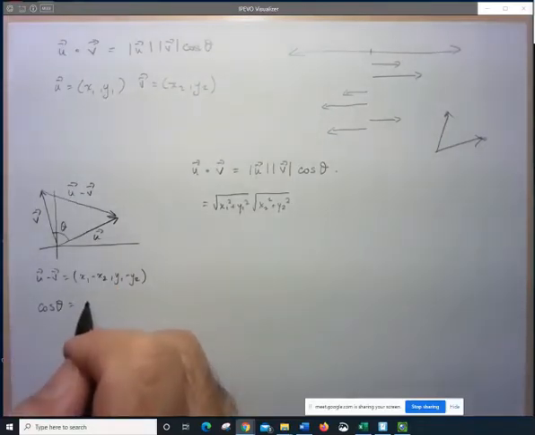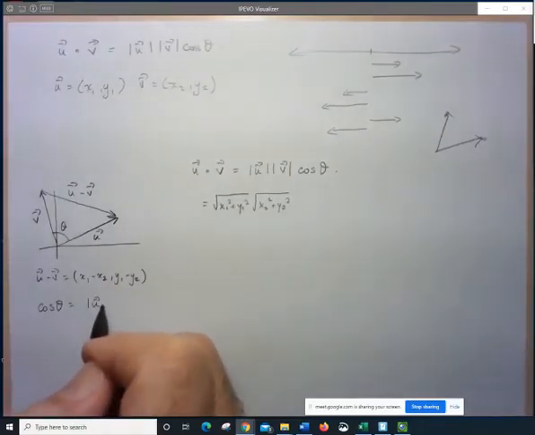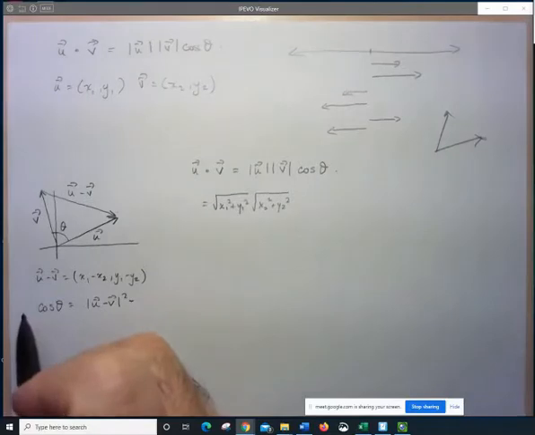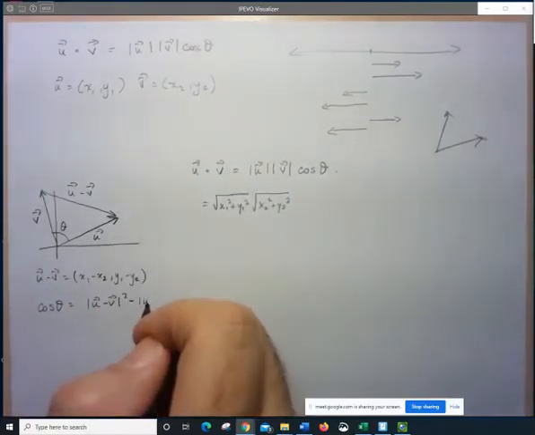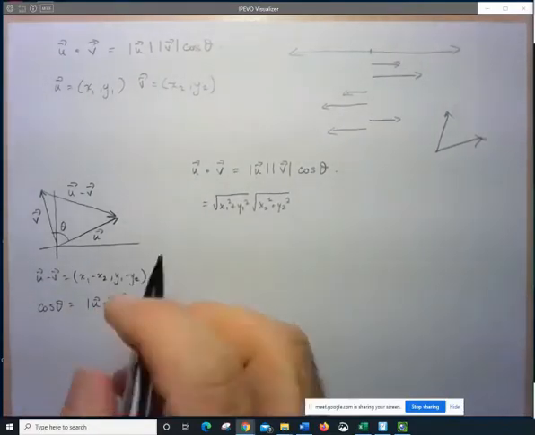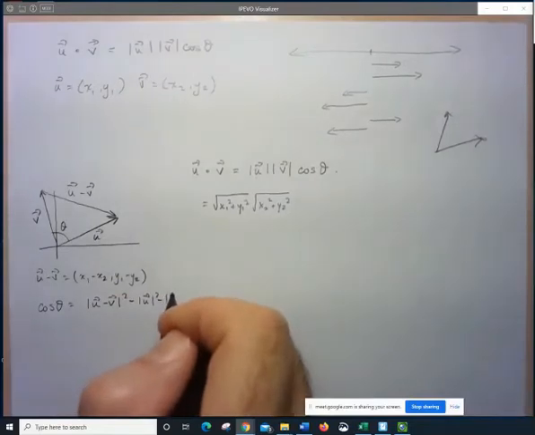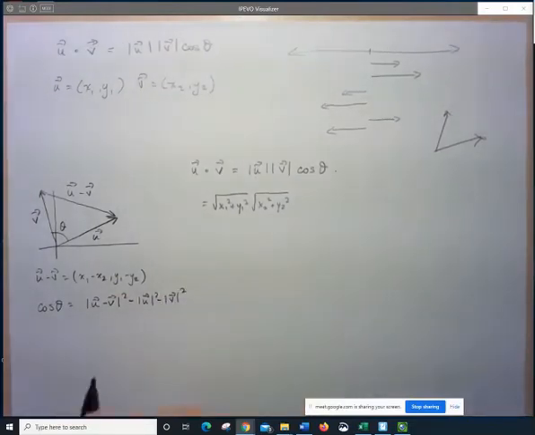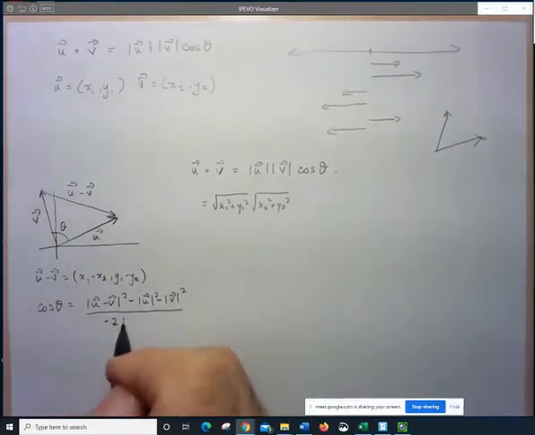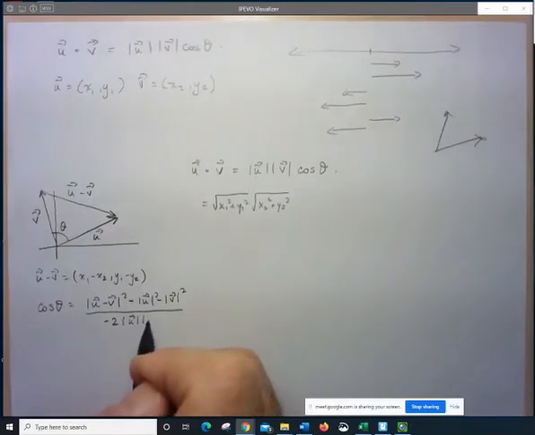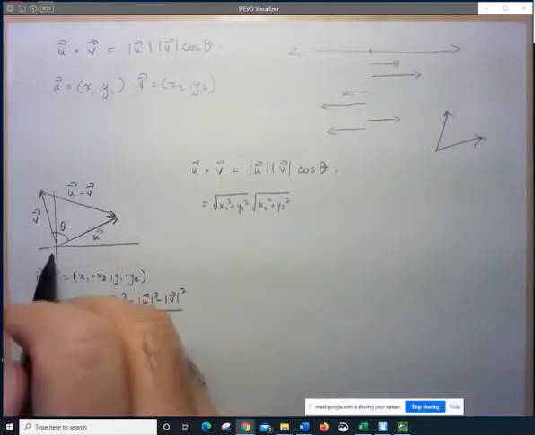So it's just going to be the magnitude of u minus v squared, minus the squares of the other two sides, so minus the magnitude of u squared minus the magnitude of v squared. No problem there. All over -2 times the magnitude of u times the magnitude of v, the side lengths of the other two sides.